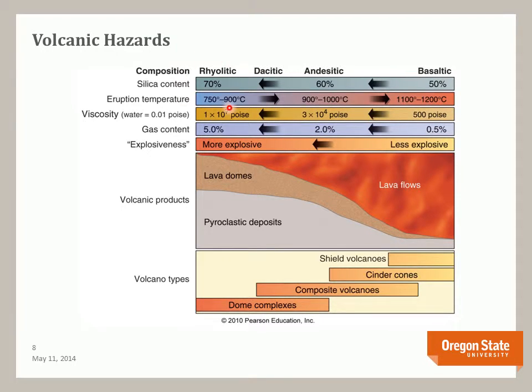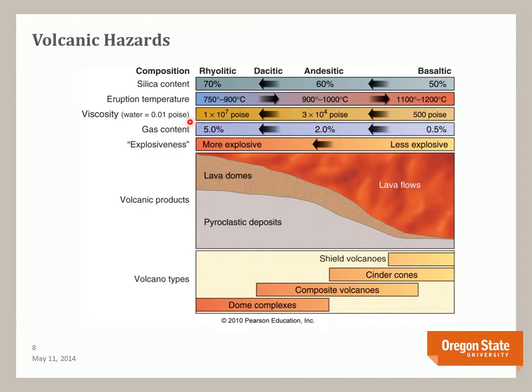Whereas the rhyolitic has a very high viscosity, and this is kind of like the toothpaste of lava or magma. Okay, so increased silica content, increased temperature in that direction, increase in viscosity.